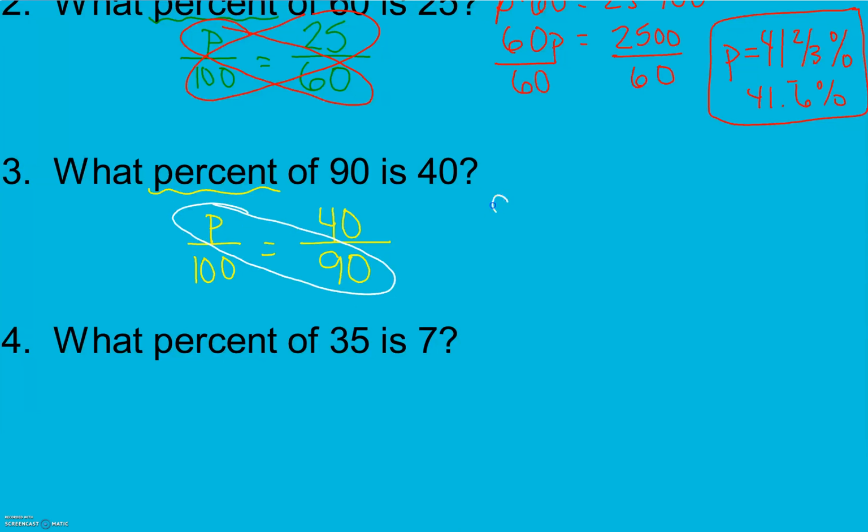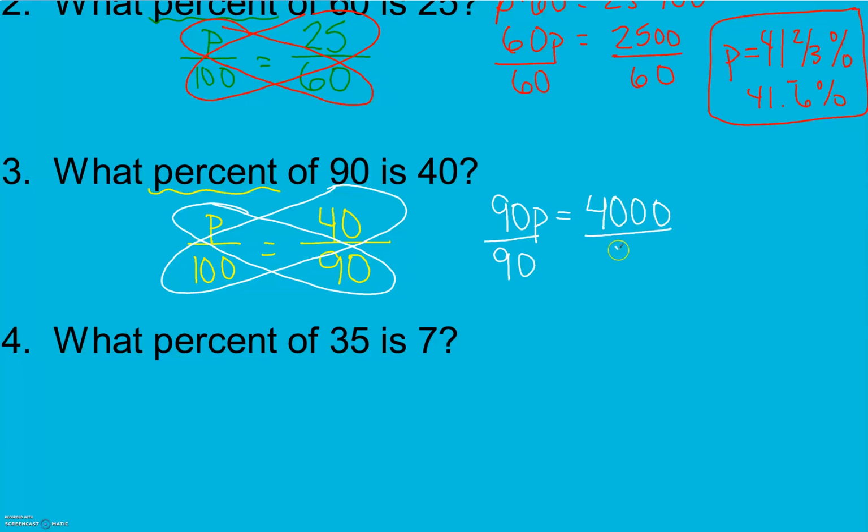Cross products, 90 times P, 40 times 100, divide by 90, and P is going to be 44.4 repeating percent, or 44 and 4 over 9%.